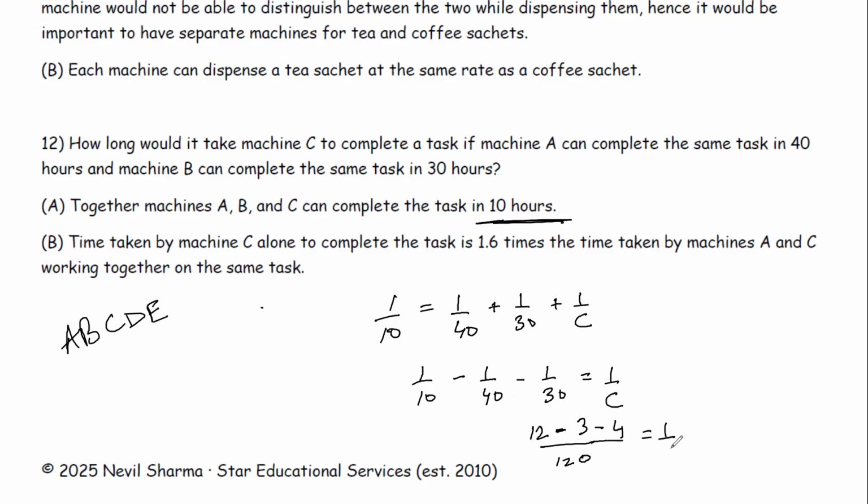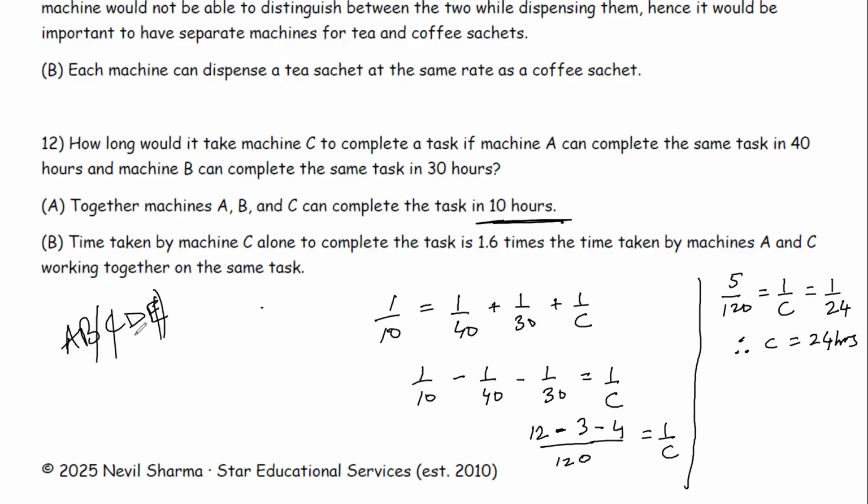So that's 1 by C. Therefore, we get 12 minus 7, 5 by 120, which is 1 by C, which is 1 by 24. Therefore, C is equal to 24 hours. So A gives you the answer. B, C, and E are out, either D or A.